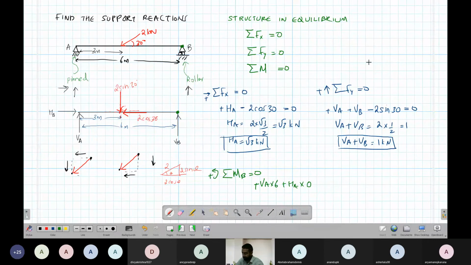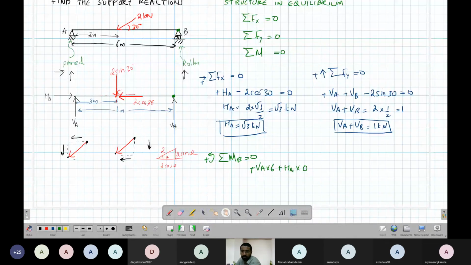Sorry for that. Right. So now we have to find the others. HA is passing through this point, its line of action. VA into 6, it is in clockwise direction, so it should be minus. HA into 0.